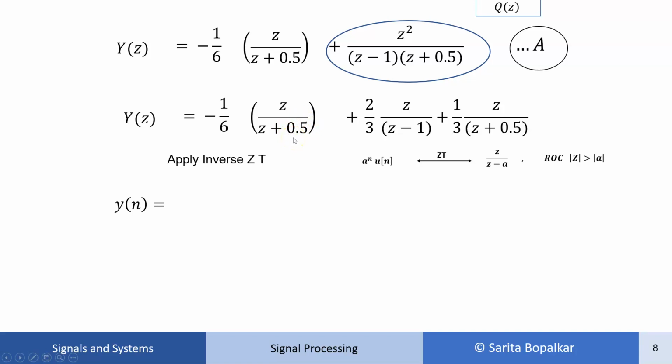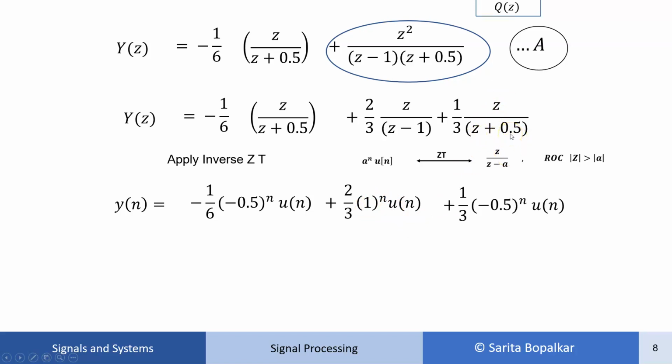So your y(n) is equal to minus 1 by 6 (minus 0.5) raised to n u(n) plus z upon (z minus a). Minus is here, so a is 1. So 2 by 3, 1 raised to n, a raised to n u(n), plus z upon (z minus minus 0.5), so a is minus 0.5, plus 1 by 3 (minus 0.5) raised to n u(n).